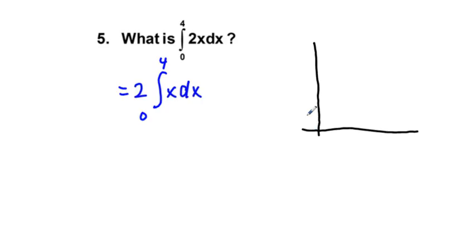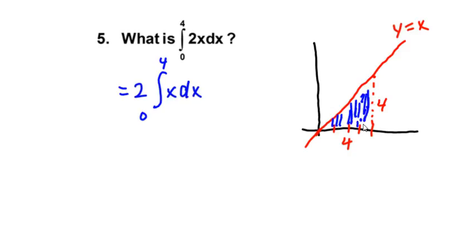So y equals x looks like a diagonal line. And from 0 to 4, 1, 2, 3, 4, we get this area here. This is a triangle with a base of 4 and a height of 4, and I'm going to shade in inside that triangle. The area of this triangle is 1/2 base, which is 4, times 4, which is 1/2 of 16, which is 8.